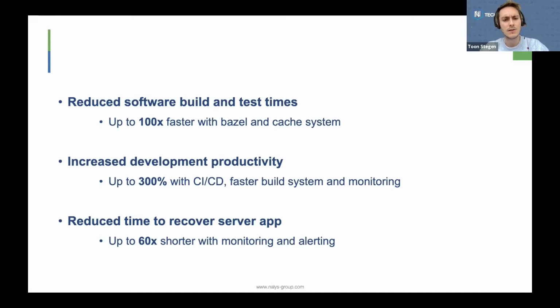There's an increased development productivity of up to 300% with CI/CD, and also the time to recover from some server apps that we have was up to 60 times shorter.